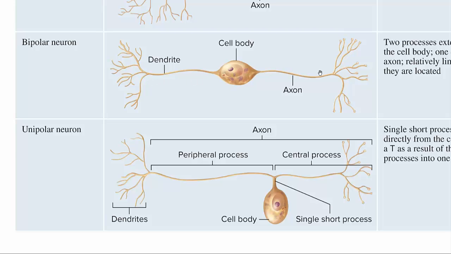So if you look at bipolar neurons, information comes in and moves in one direction. The thing about bipolar neurons, you tend to find them more in children, and they deal with sensory information like sight and smell. When we're looking at unipolar neurons, the same thing, okay? They bring in sensory information and move in a one-way direction. And this allows for other types of sensory information around your body.